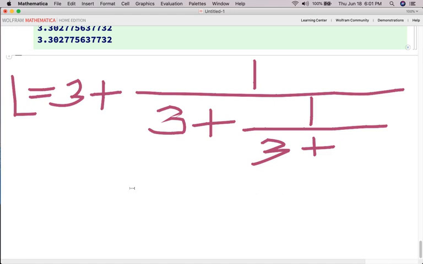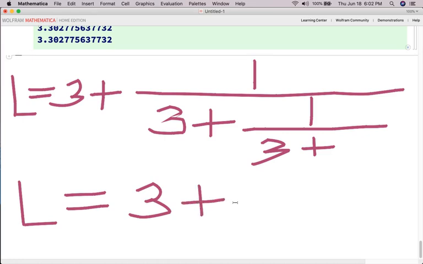So what I really have then is L is equal to 3 plus 1 over L. Okay, I have L is equal to 3 plus 1 over L. I better write that down just in case I get stressed out and forget it.